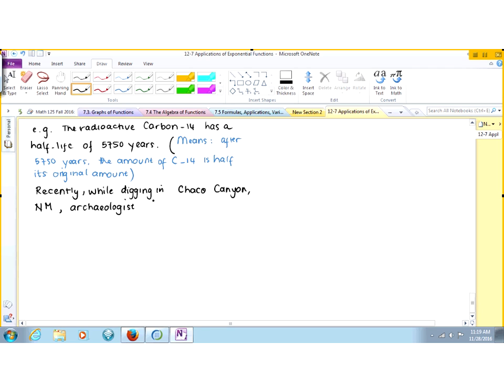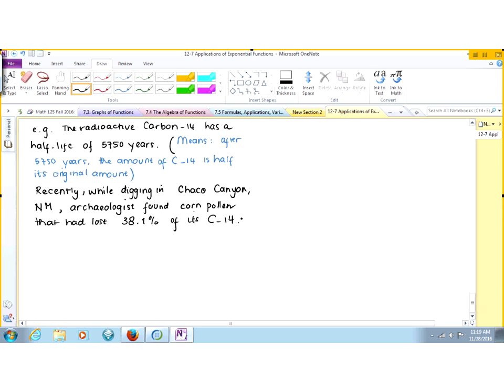Archaeologists found corn pollen that has lost 38.1% of its carbon-14.